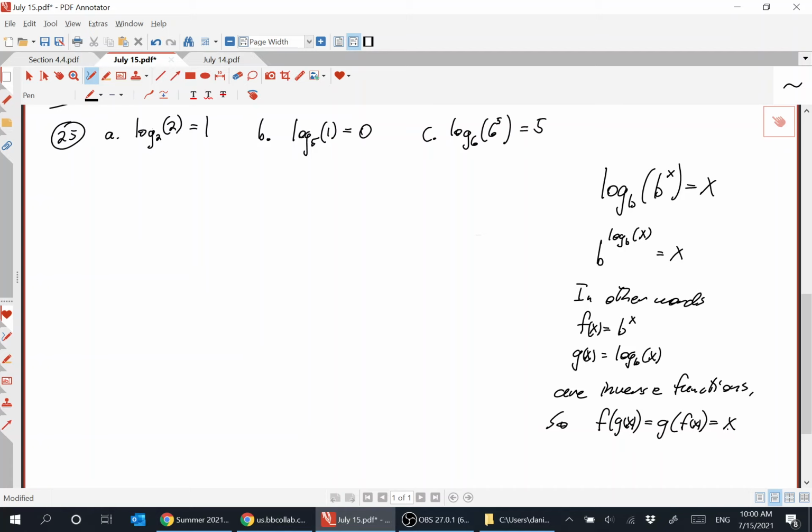That's an important property that's going to see some use when we start solving equations for exponential functions.